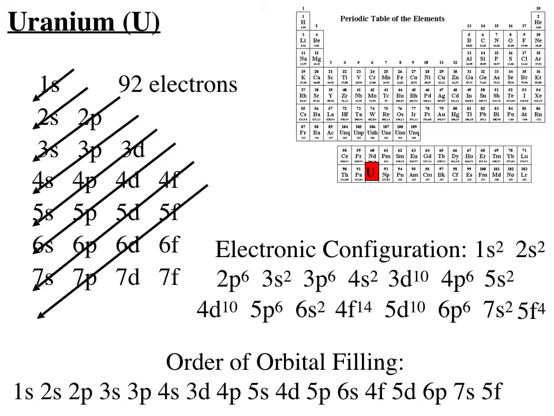And I will just go triangularly through the orbitals, putting the maximum number in, keeping track of the number of electrons I'm adding into the orbitals. And when I am done, I would end up, as you see there, with the final orbital 5f4.